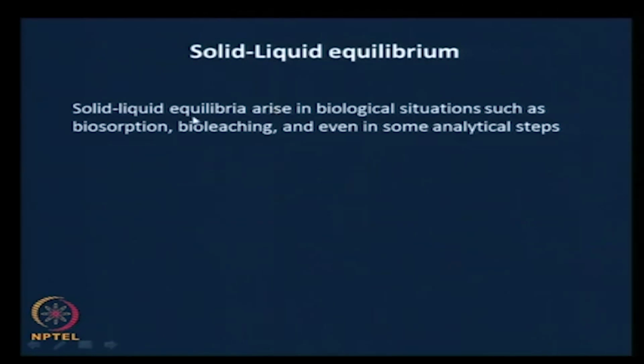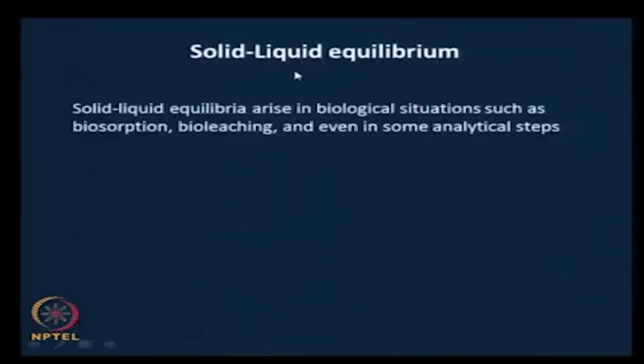They arise in situations such as biosorption, which is the removal of, let us say, toxic trace metals using a biological agent such as cells and so on; bioleaching, which is taking the metals or useful components out by using biological means; and even in some analytical steps you come across solid liquid equilibrium in biological systems.